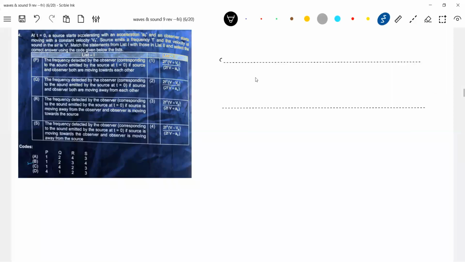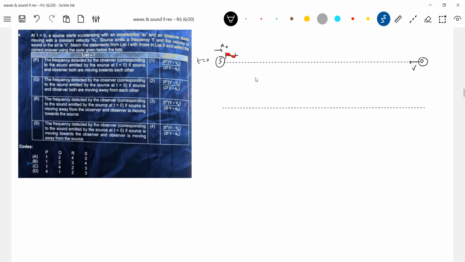Initially the source is here and this is the observer. He will accelerate from rest and he will move. Here a pulse will be generated. So it will accelerate from rest with a naught. Okay, we'll take a naught. This is at t equal to 0.